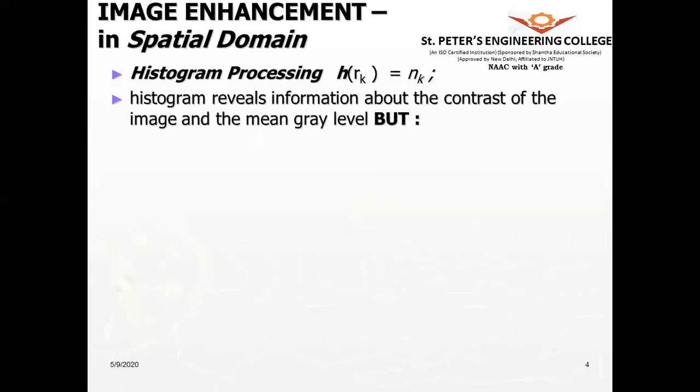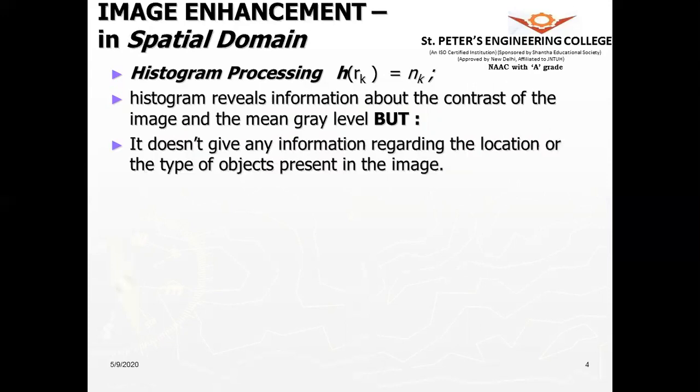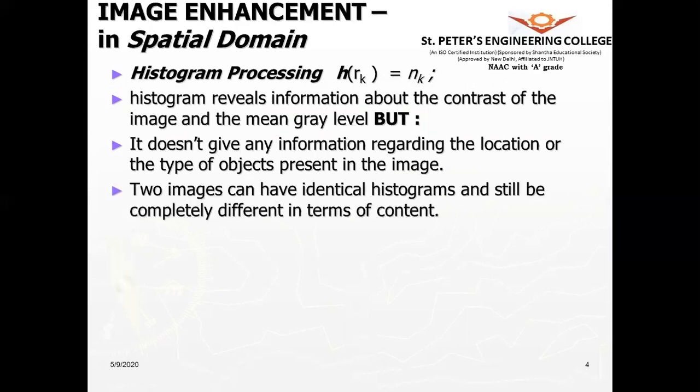The histogram, as we have just seen, reveals information about the contrast of the image and the mean gray level, but it has some problems. It doesn't give any information regarding the location or the type of objects present in it. Two images can have an identical histogram but still be different in terms of what is contained in them.